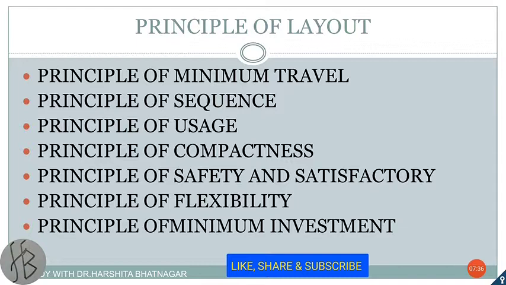When worker safety is there, then they will be satisfied with the arrangement and they will work with full efficiency. Principle of flexibility means there should be scope for expansion or change in the plant layout in the future if required. It should not be rigid. If the plant layout is rigid, then it will cost very high to change the layout in future.